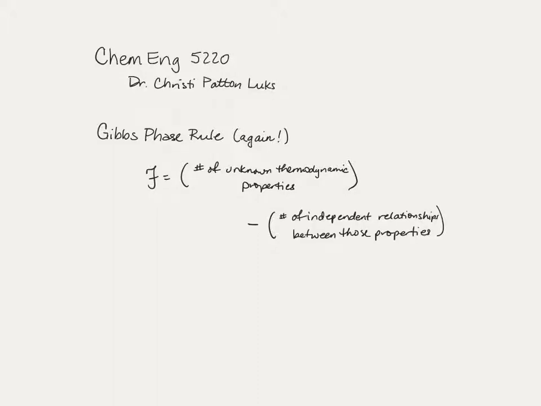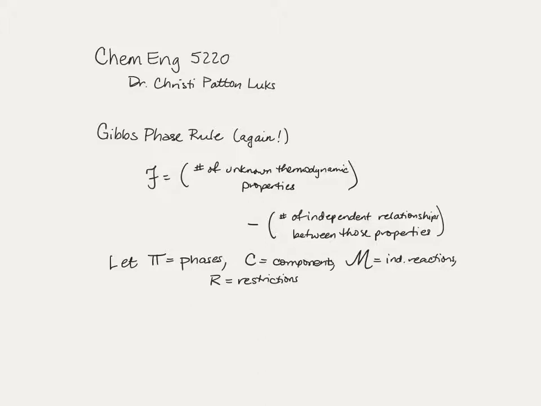So if we let, in my notation, pi be the number of phases, C the number of components, and, using the book's notation, the scripty M the number of independent reactions. And then we're going to add an R for restrictions.